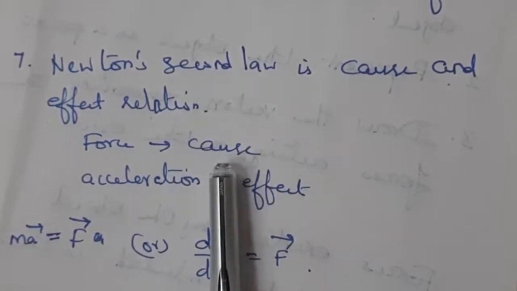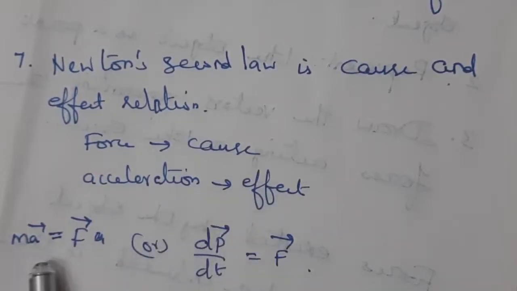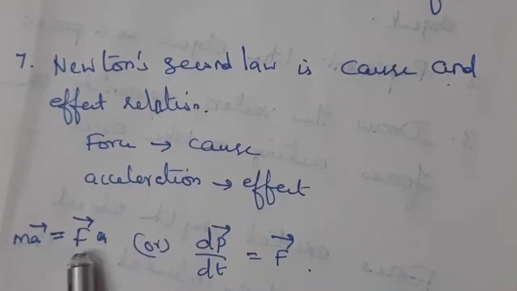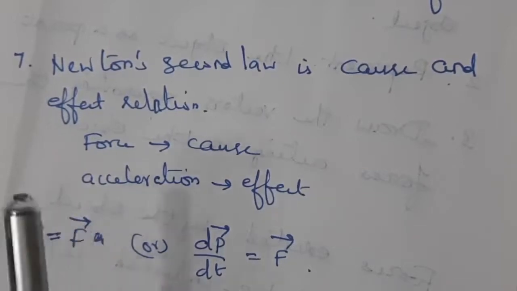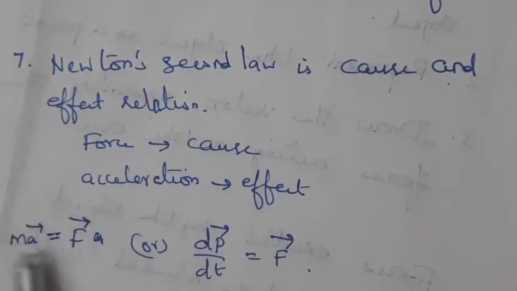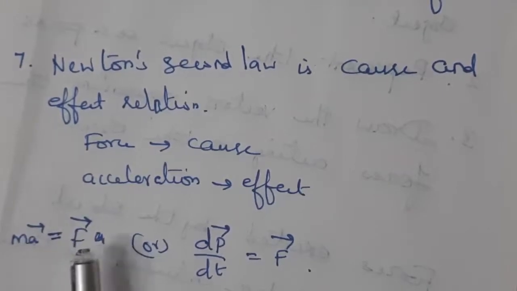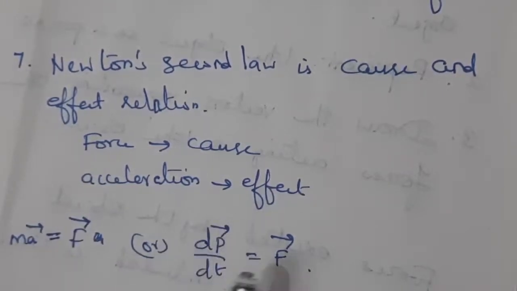So the correct way of writing Newton's second law is ma vector equal to f vector instead of f vector equal to ma vector, or else dp vector by dt is equal to f vector.